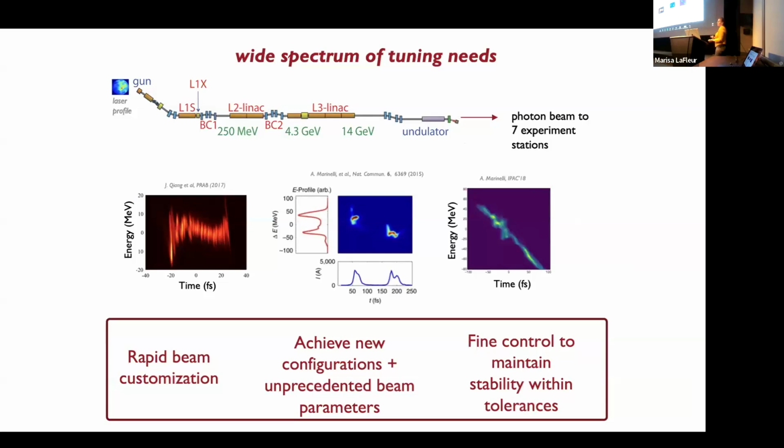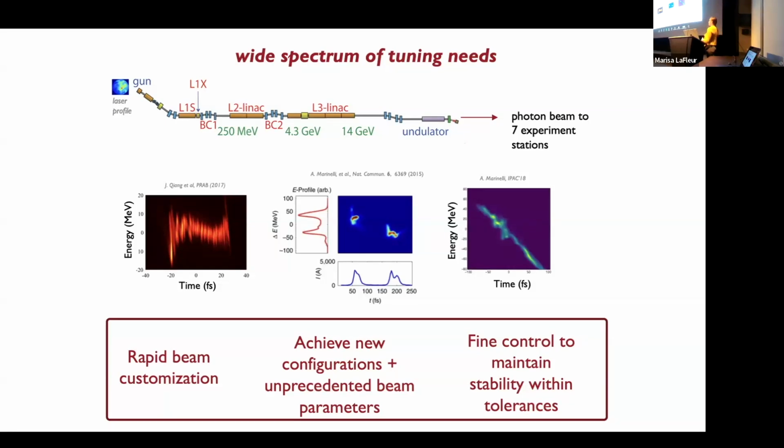We also have a really wide variety of needs in how we set up or tune the accelerator. So we want to try to fit as many experiments in as possible, so we need the beam customization to be really rapid. We're often trying to push the beam into really unprecedented regions of parameter space, so ultra short, attosecond bunches, things like this, high currents, high energies.